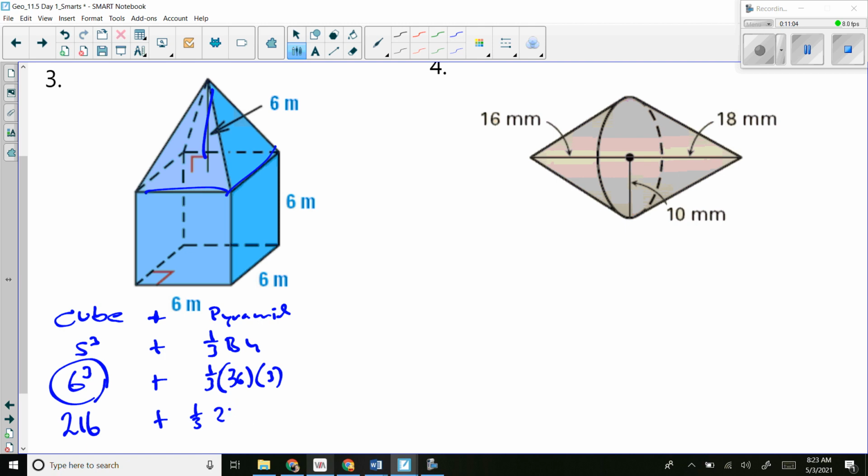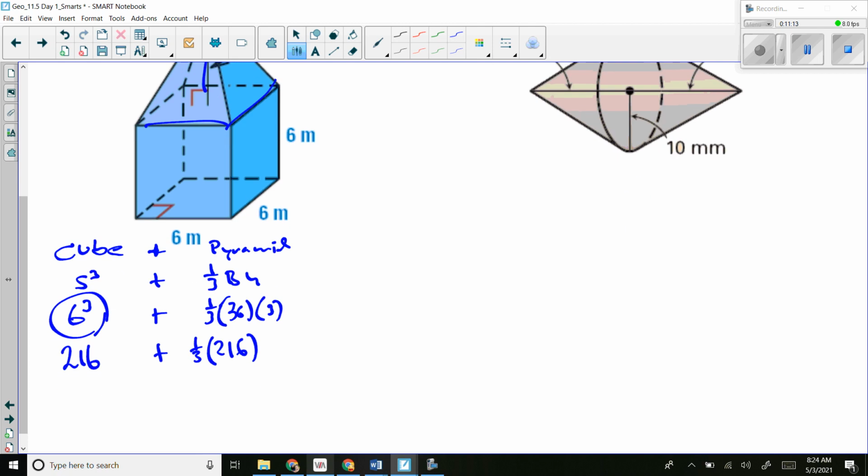Not 266, 216. Or you could think 216 divided by 3, which is 72. So now it's 216 plus 72, which is 288. This is meters cubed. It's kind of an interesting problem there.